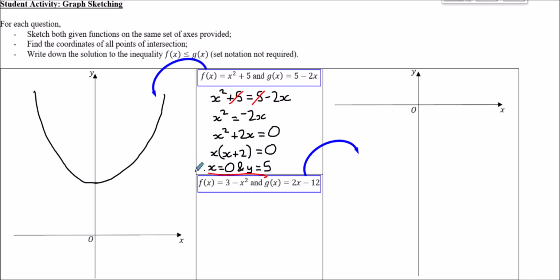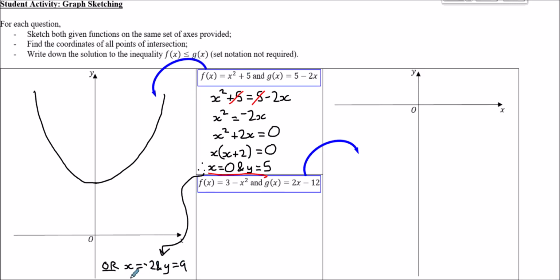Or, just get myself a bit more space, put it down here. Or we could have it where x is minus 2. That's a solution as well, where x is minus 2. And when y is going to be, well, when x is minus 2 all squared is 4, and then 4 plus 5 is 9.